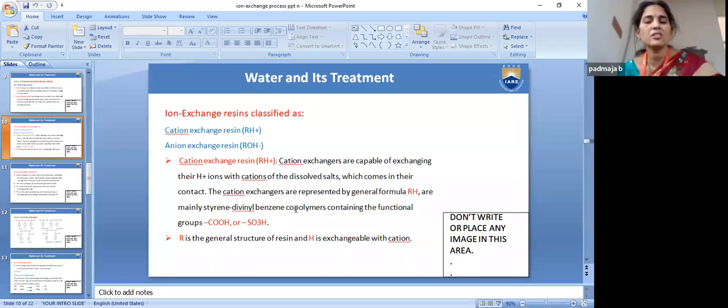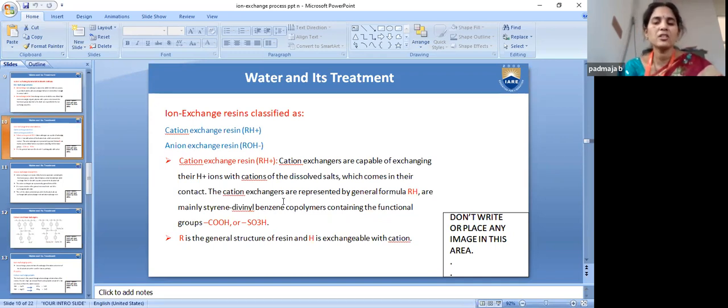These cation exchange resins are capable of exchanging their H plus ions with the cations of the dissolved salts. What are the cations present in hard water? Calcium and magnesium ions. So the H plus ions of the cation exchangers are exchanged with the Ca2 plus and Mg2 plus ions present in the sample of water.